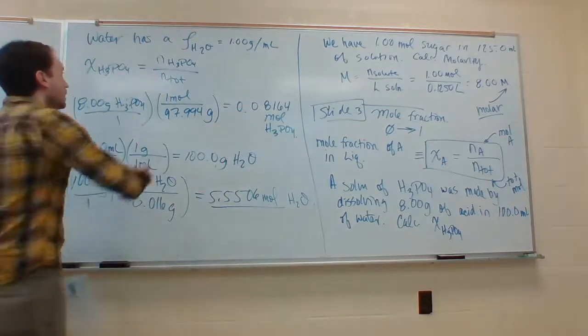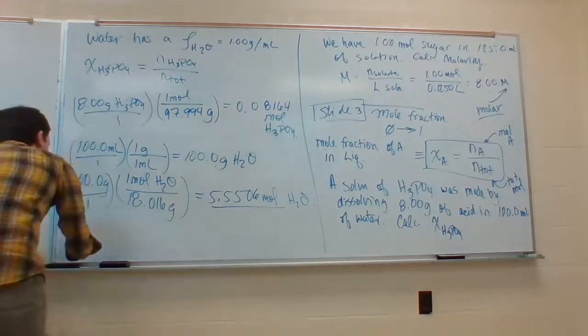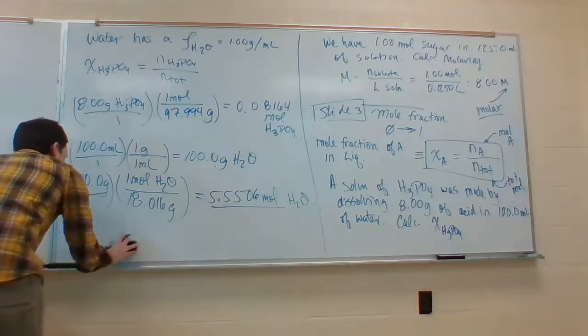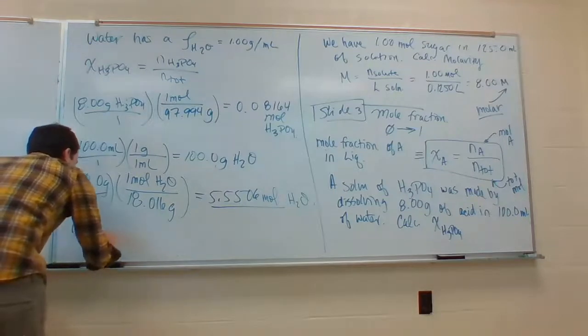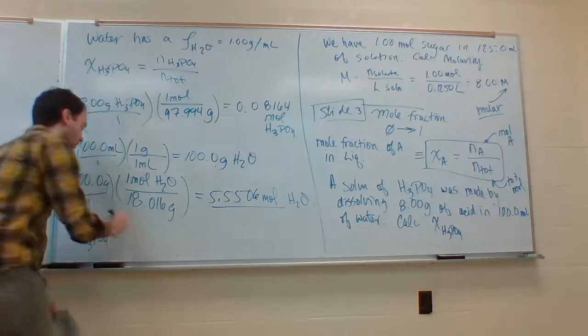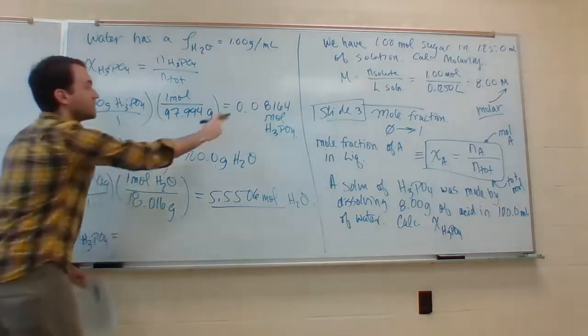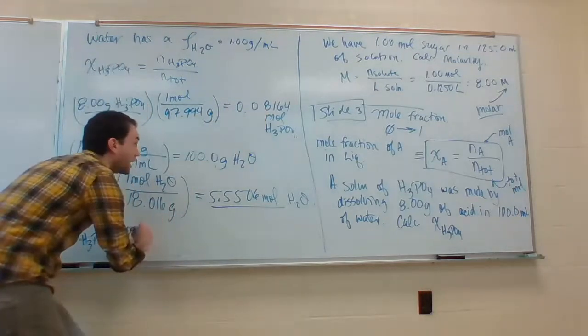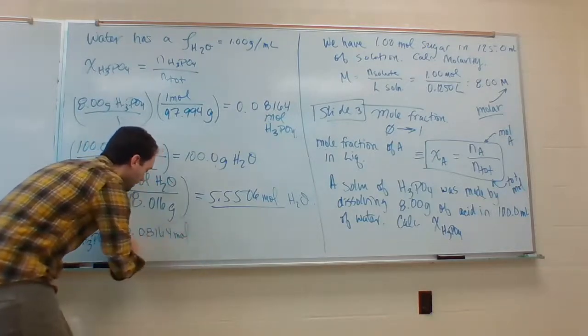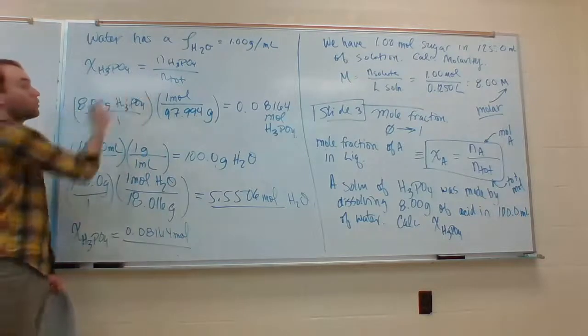Now I have this many moles of water and that many moles of phosphoric acid. To calculate the mole fraction of H3PO4, it's equal to my moles of H3PO4, which were 0.08164 moles, over my total moles.